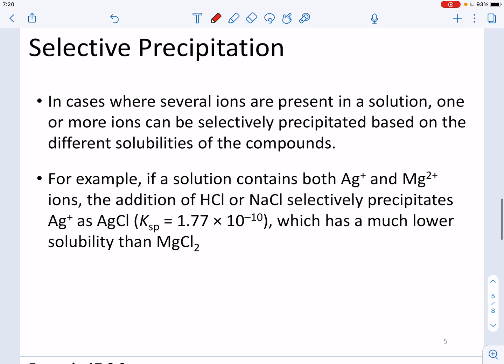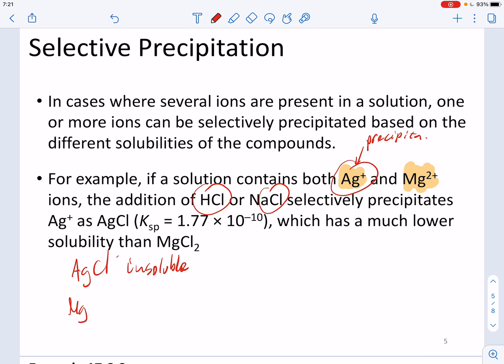So for example, if you have a solution that contains silver and magnesium, and we know that if you add chloride, it will precipitate your silver from the solution. Well, we know that silver chloride is insoluble, compared to magnesium chloride, which is soluble.